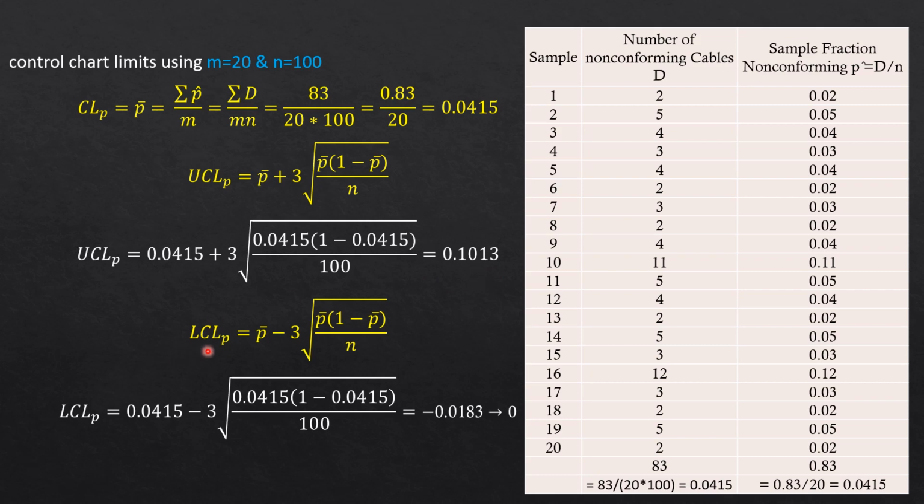Similarly, we calculate the lower control limit, and we get the lower control limit equal to minus 0.0183. Here the lower control limit is less than 0, that is negative, so we simply convert it into 0.